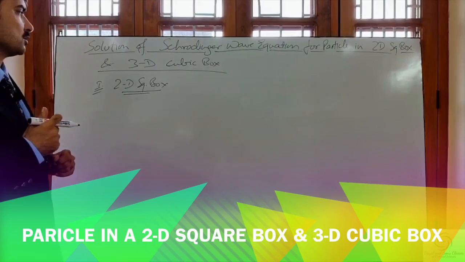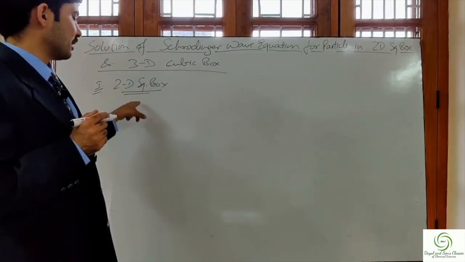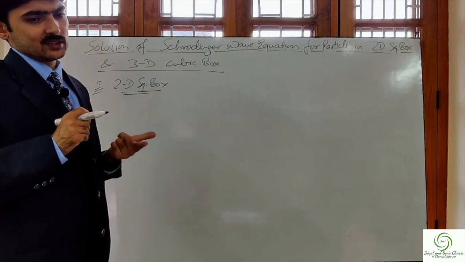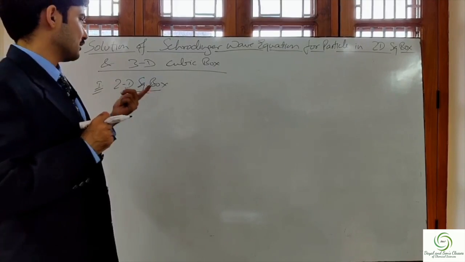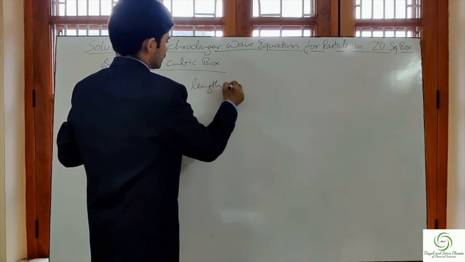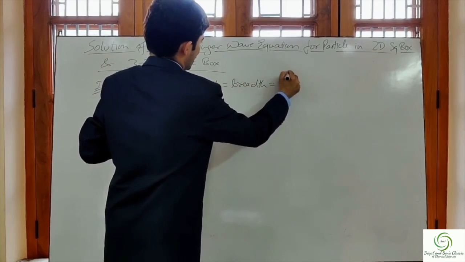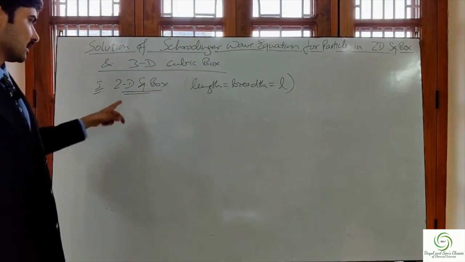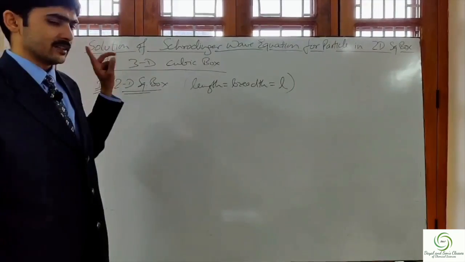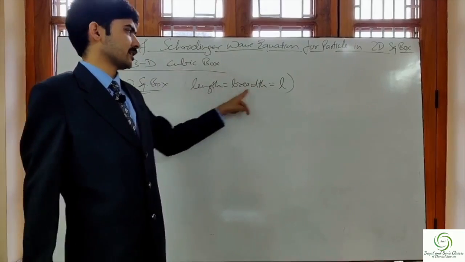In case of a 2D box, consider a square box such that its length and breadth are equal to L, having side L.